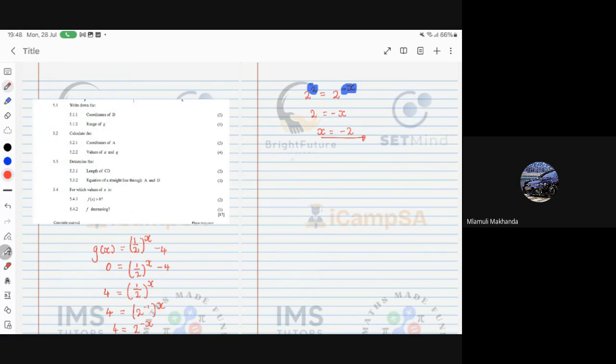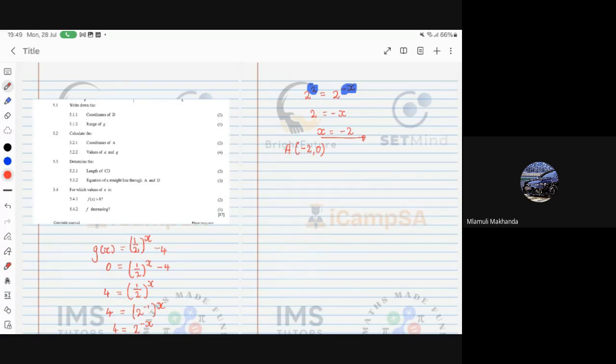So finally, the coordinates of A will be -2 and 0. Those are the coordinates of A. In the exam there is no need to write all these steps. I was just writing them because I was also introducing the concepts.